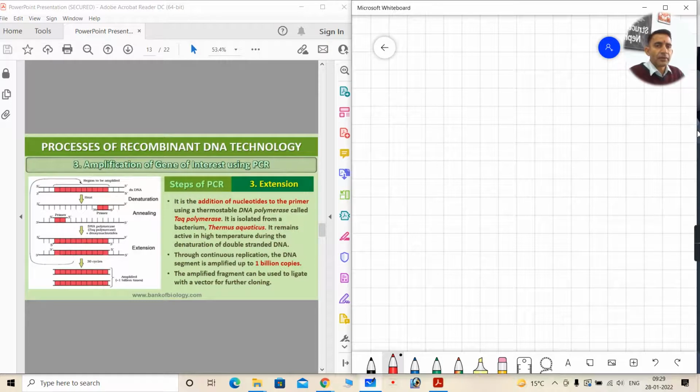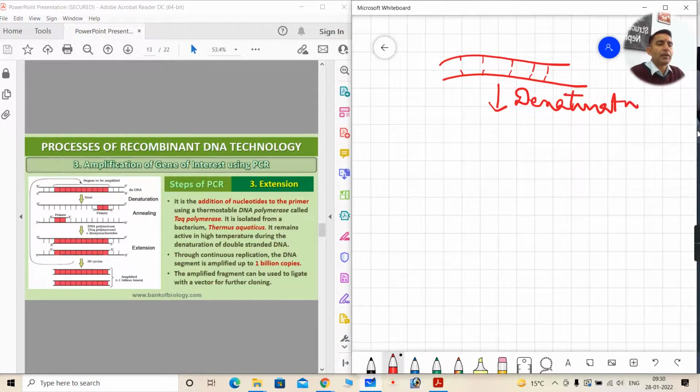First, this is our DNA segment, which is our desired gene, and it is double stranded. What we have done is denatured it. What did we use for denaturation? We have just heated it up. When heated, those two strands have been separated.